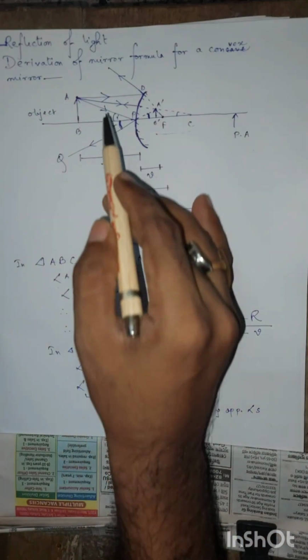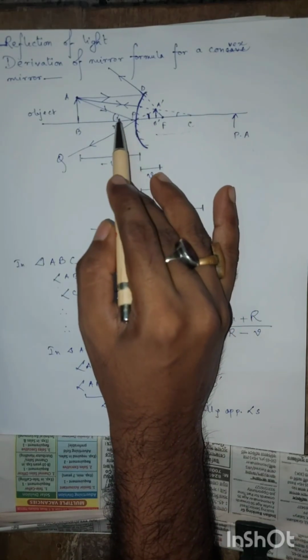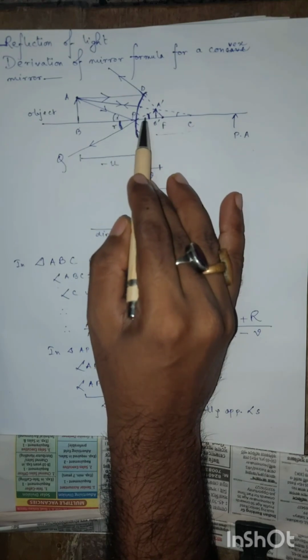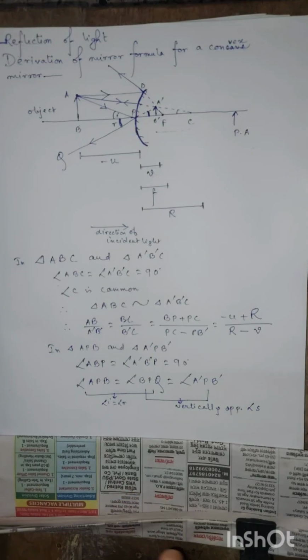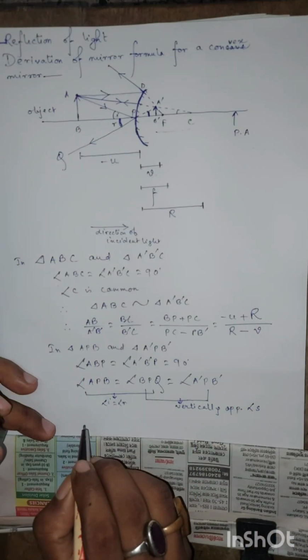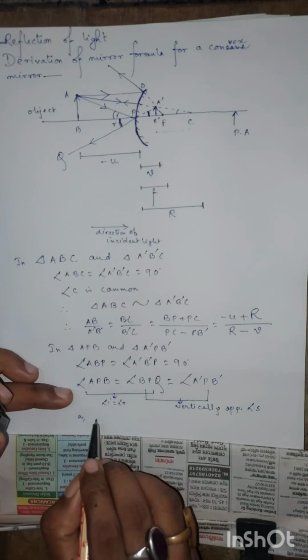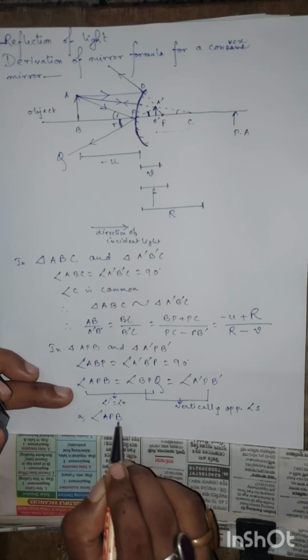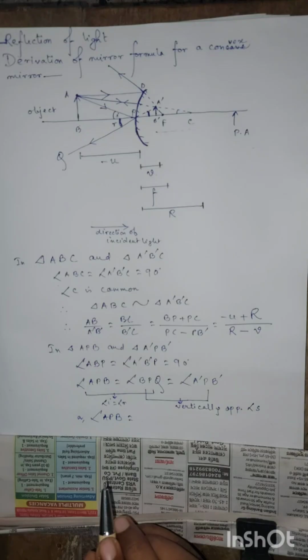So we can say angle APB is equal to angle A dashed PB dashed.